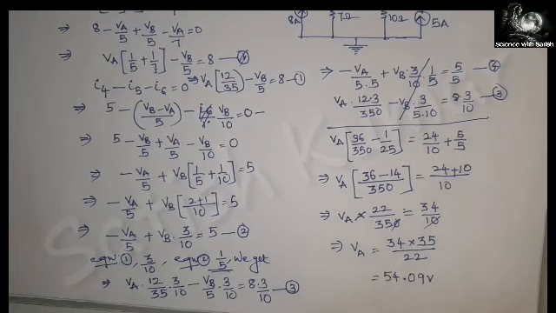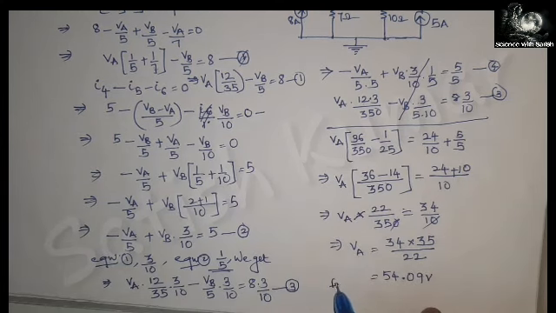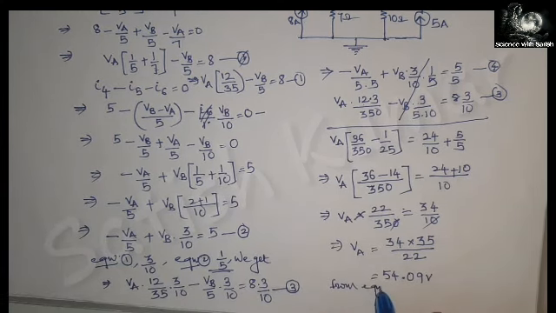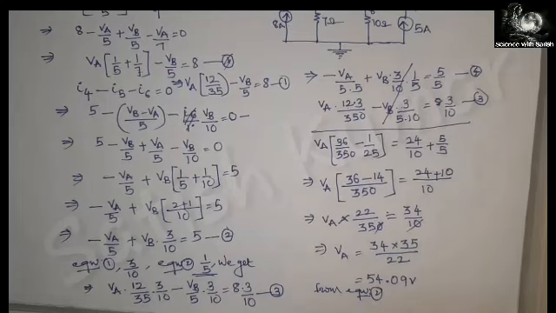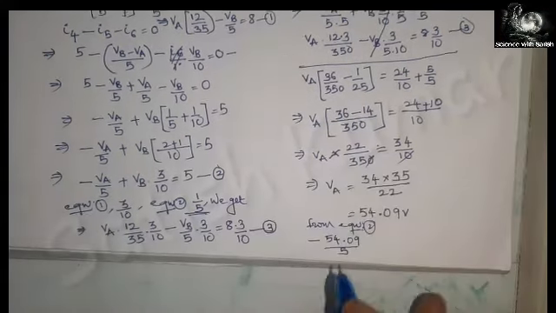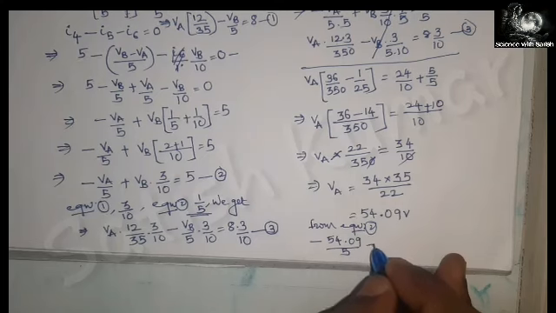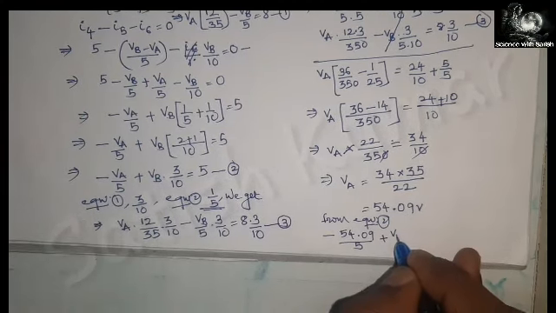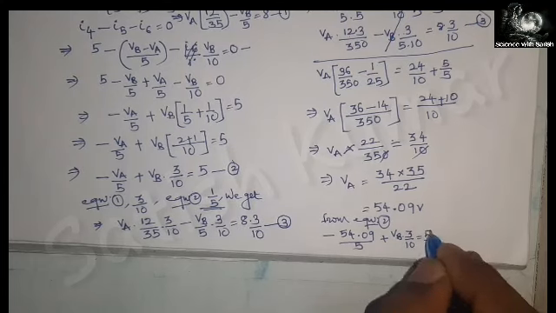From equation 2, minus VA by 5, minus 54.09 by 5, plus VB into 3 by 10 is equal to 5.